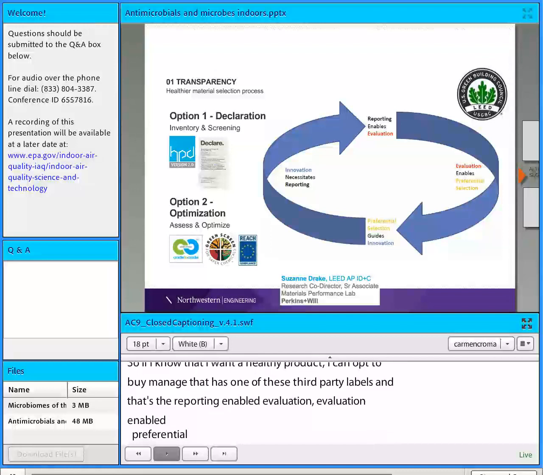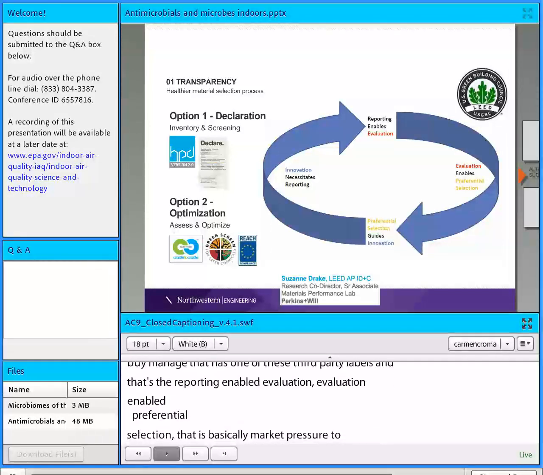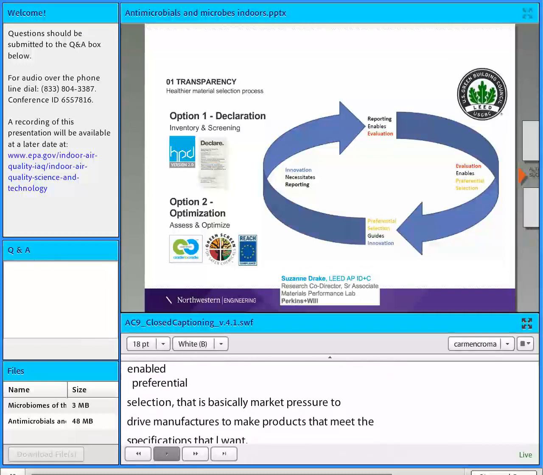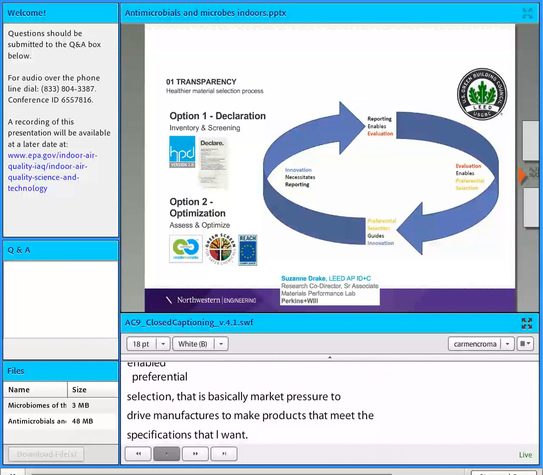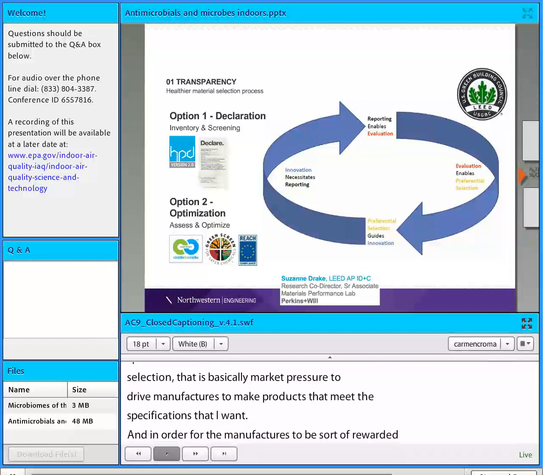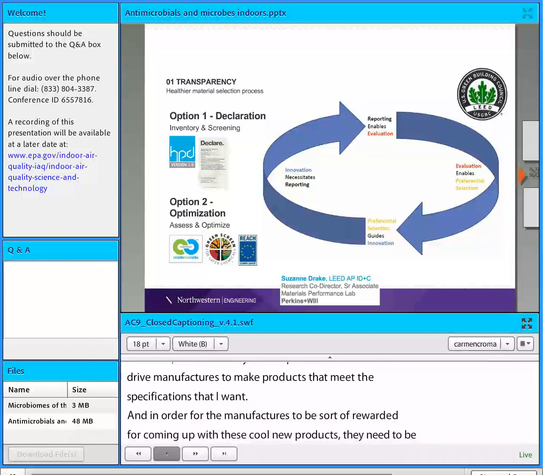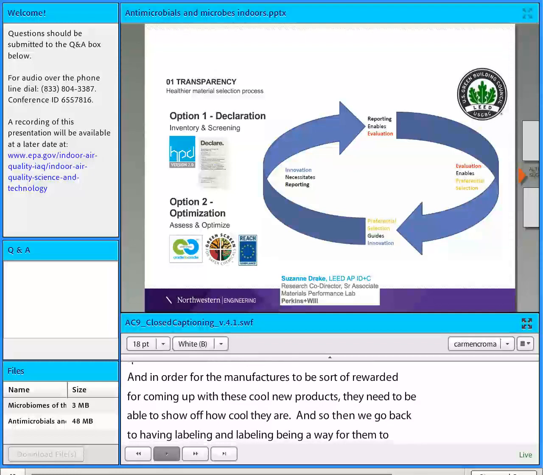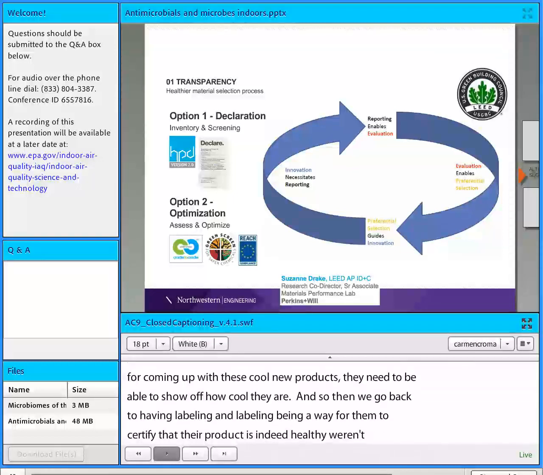That is basically market pressure to drive manufacturers to make products that meet the specifications that I want. And in order for the manufacturers to be rewarded for coming up with these cool new products, they need to be able to show off how cool they are. So we go back to labeling, a way for them to certify that their product is indeed healthy or sustainable, or whatever it is that we're going for here.